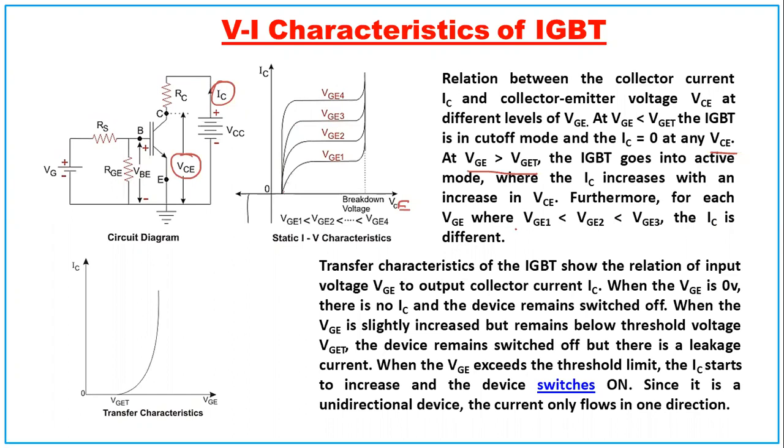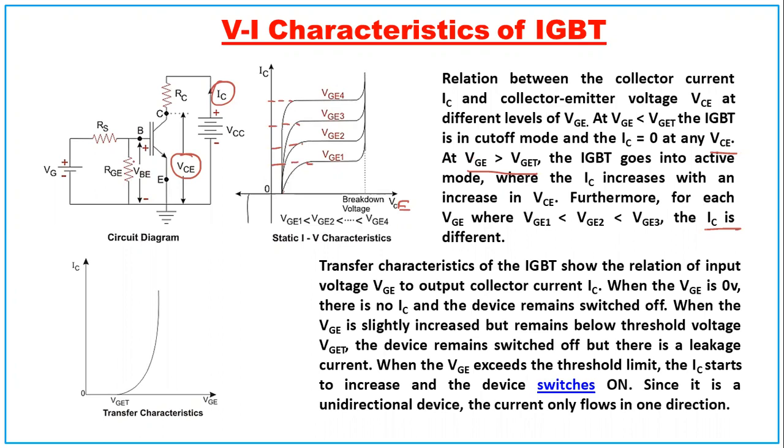Further, for each VGE, where VG1 is less than VG2, less than VG3, the collector current is different. This shows the VI characteristics: output collector current versus output collector to emitter voltage for different values of gate emitter voltage.